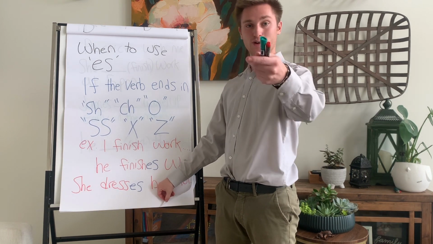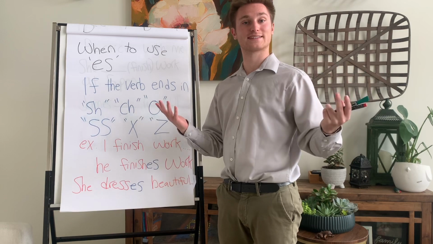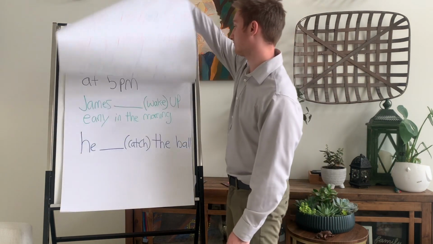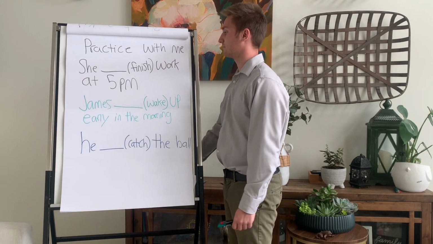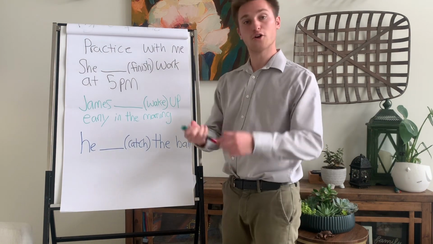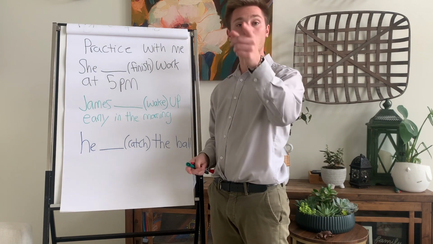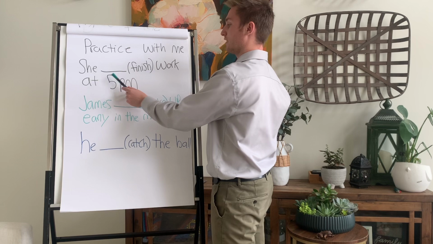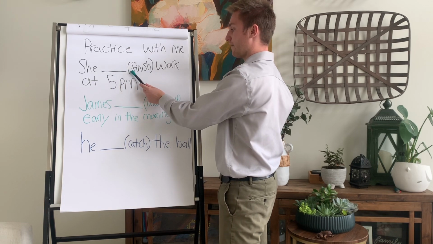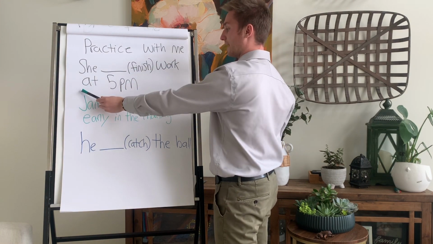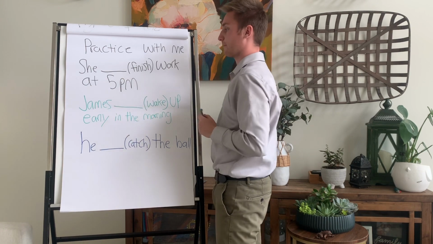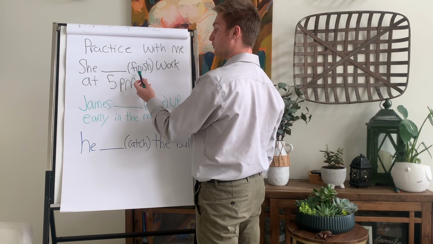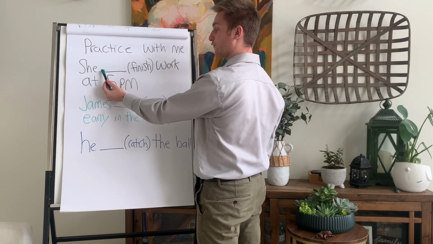Now, you and me will do some practice together. Write these in your notebook. She blank finish work at 5 p.m. So what do we need to do to fill the blank?